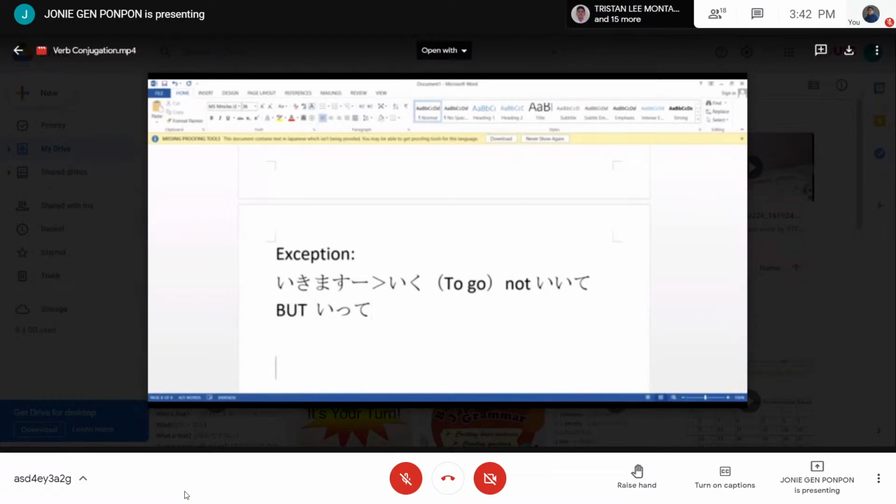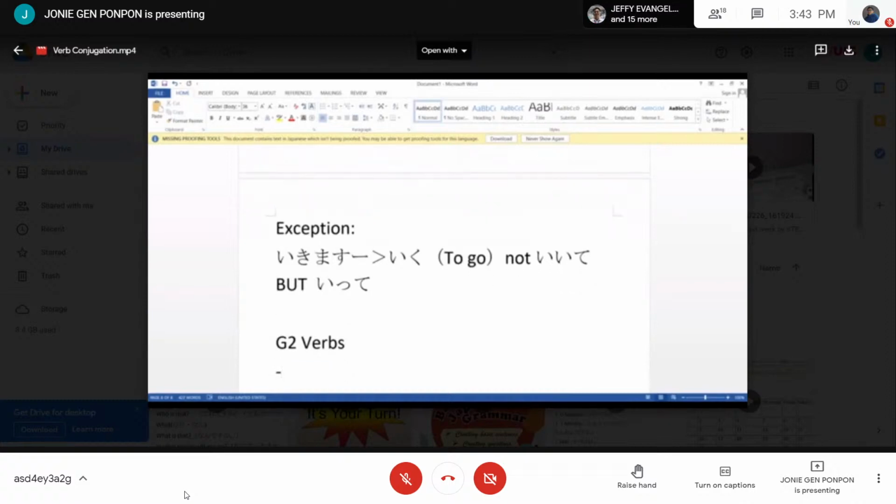Now, for group 2 verbs. This one, madali lang. Okay, so for group 2 verbs, since all verbs in this group end in ru, right? Because meron suffix ru from the jishuke. Okay? Since all verbs end in ru, just replace ru with te.